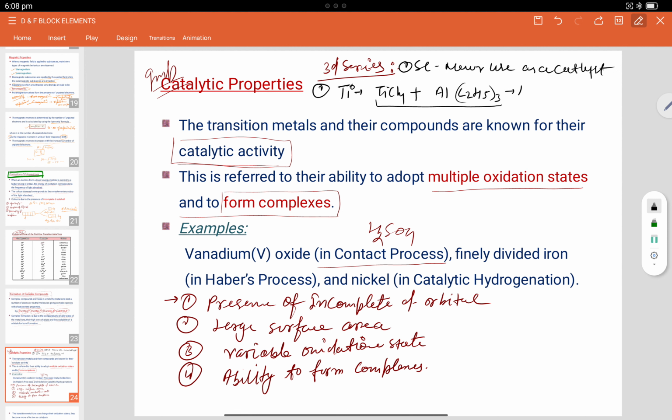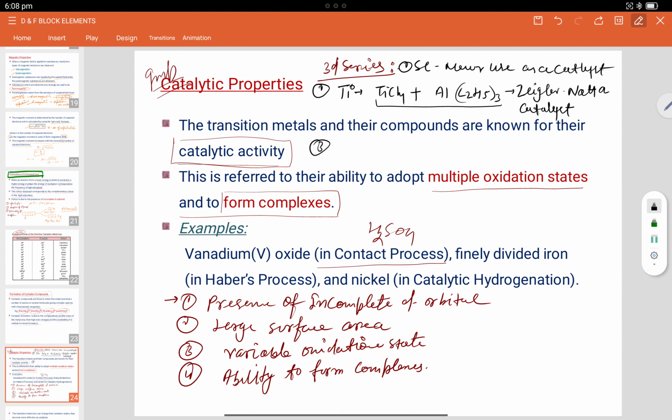It is used for HDPE preparation, basically in the synthesis of polymers.